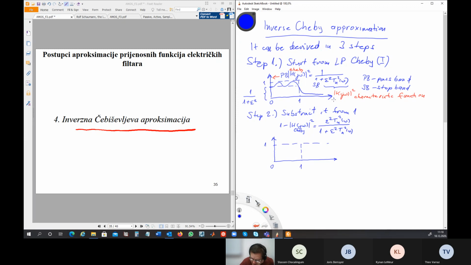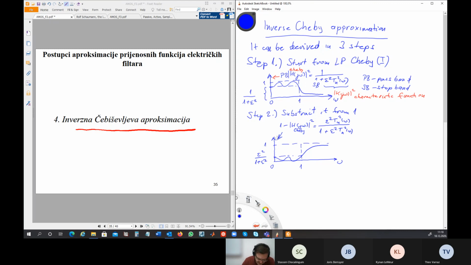We don't have decibels here. And what we get here is, of course, epsilon square over 1 plus epsilon square, and it goes to unity. So this is this function.